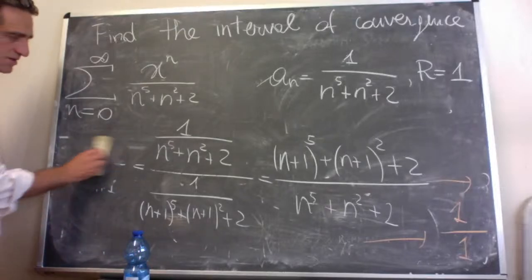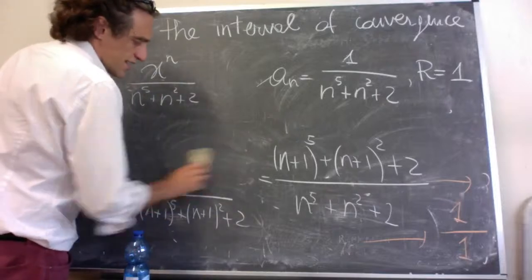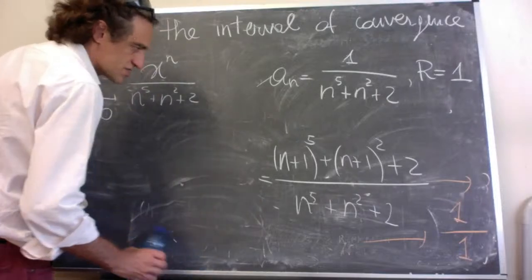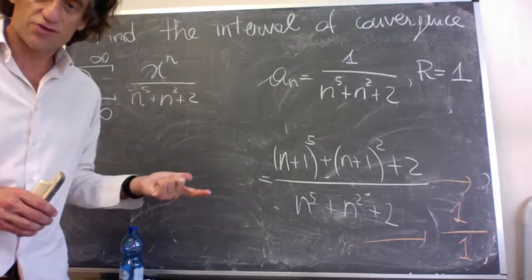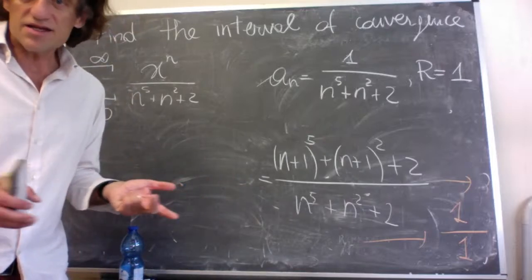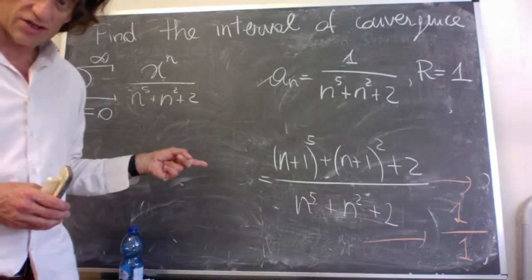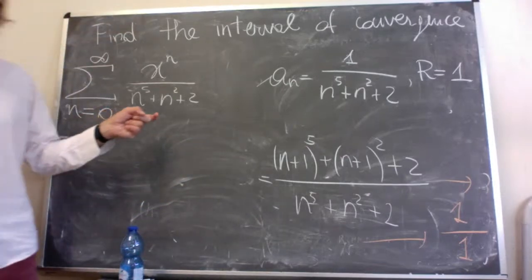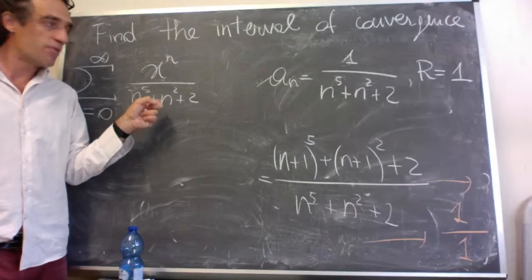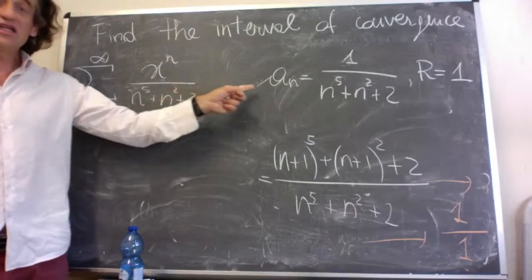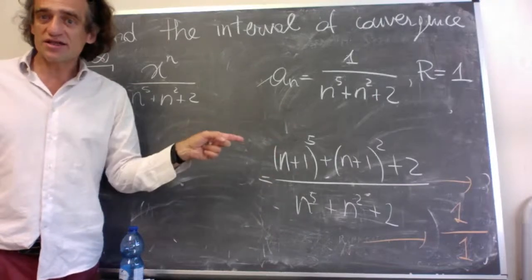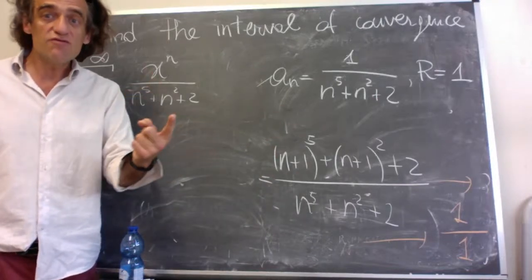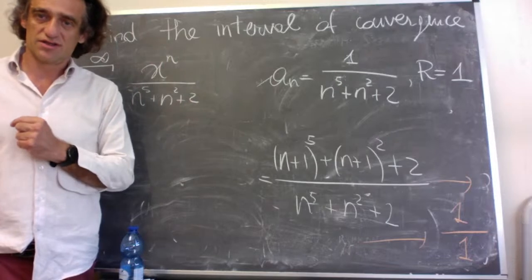Why did I do this computation? Because if you followed the reasoning carefully, it is easy for you to recognize that whenever you have a polynomial here, or the inverse of a polynomial, the ratio criterion will always give you 1 as a result.